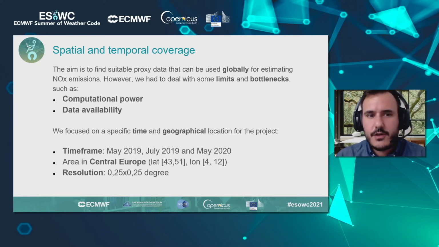We tried to focus on a specific time and geographical location. In particular, we focused on an area in Central Europe with a resolution of 0.25 by 0.25 degrees. And we concentrated on the 3 particular months where we had the target data, so the emissions, which are May 2019, July 2019, and May 2020.